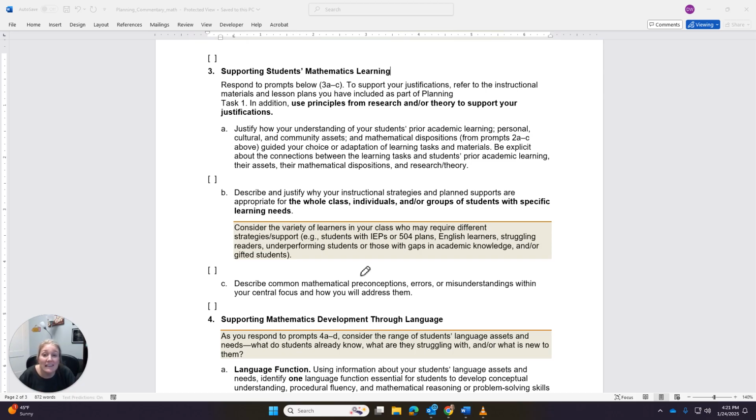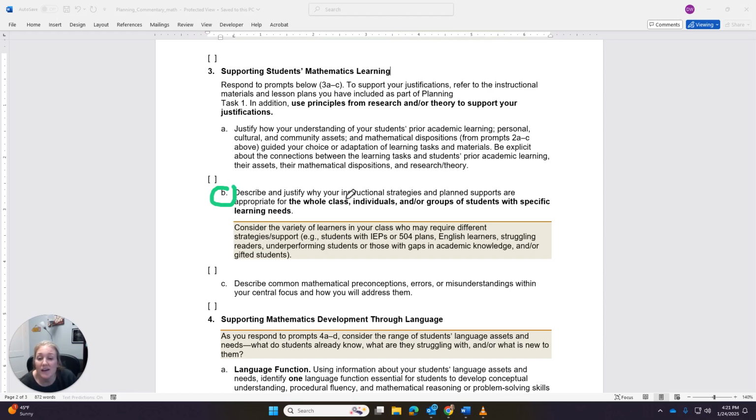You're going to be telling the score: in lesson 1 on page 3, in lesson plan 4 on page 8, in lesson plan 3 on page 2. This is what I did.